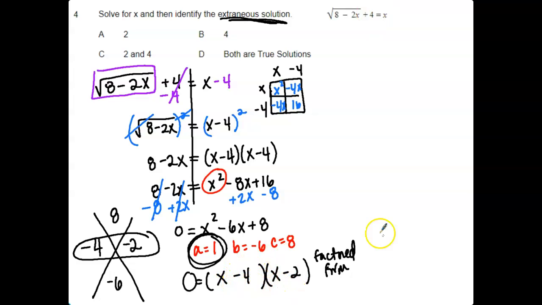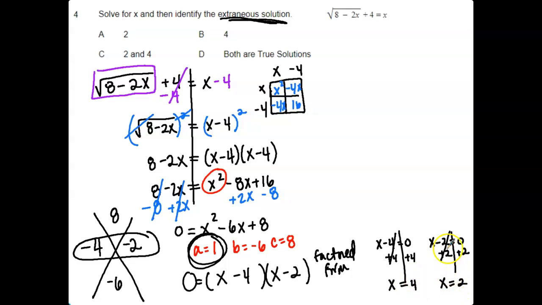So I know I'm a little tight on space here. I'm going to do it here off to the side. So x minus 4 is equal to 0 and x minus 2 is equal to 0. So add 4, we end up with x is equal to 4. Add 2, so we get x is equal to 2.